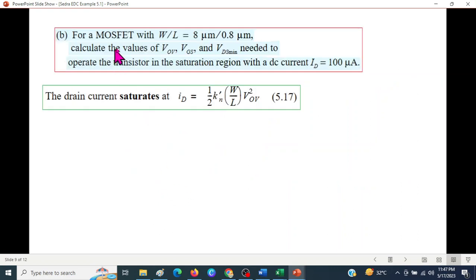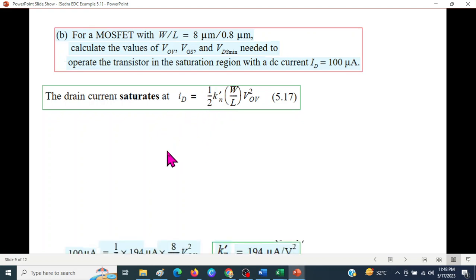Okay. Question again. For this, we have to find VOV, VGS, VDS minimum. And since the transistor is in the saturation region, ID is 100 microampere, therefore we'll use equation 5.1, which has a half in it.